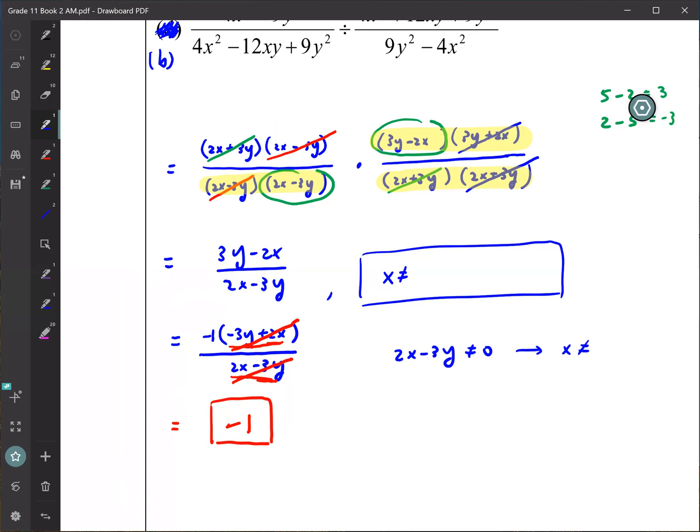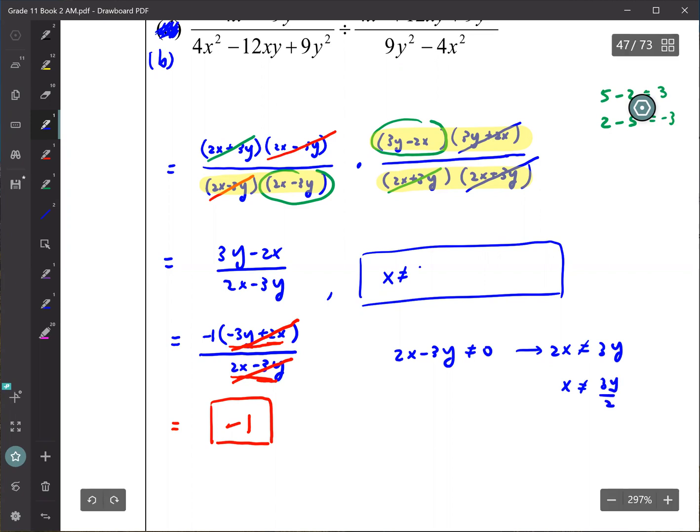How do you do that? x is not equal to 3y, like 2x is not equal. Yeah, 2x cannot equal 3y, and then? You divide it by 2. Yeah, so x cannot be 1.5y, or 3y over 2, same thing.